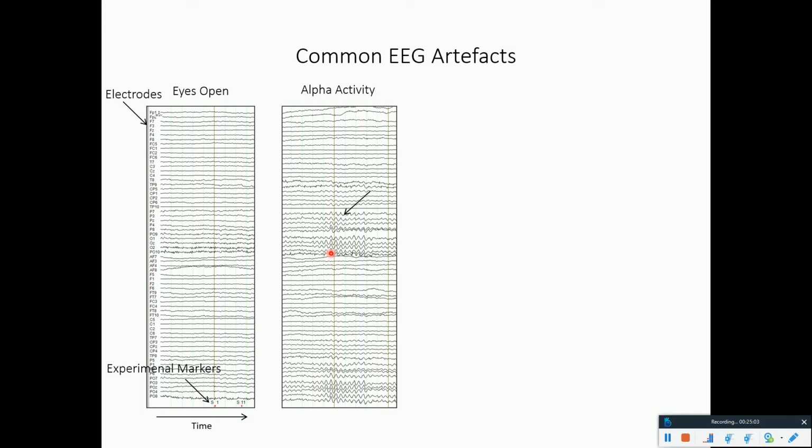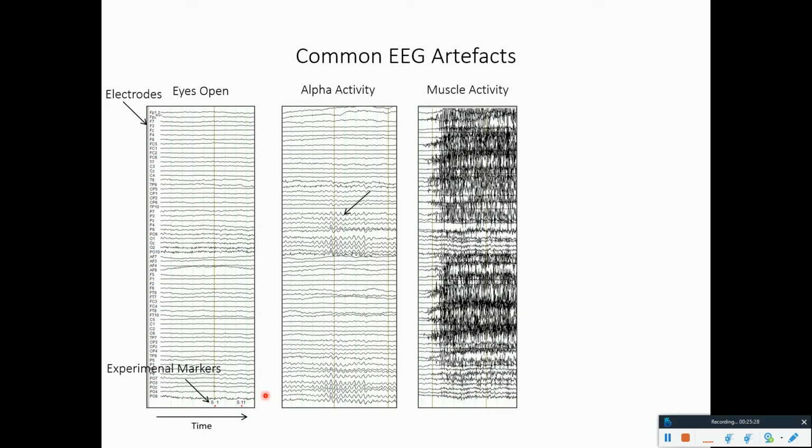So if all the electrodes have a lot of alpha power because the participant is sleepy, then it's very likely that you don't see any good ERPs. You can induce that by asking the participant to close their eyes, but if you see this during recording when the participant is supposed to do their task, you can basically forget this recording session because you will not get any sensible data out of it.